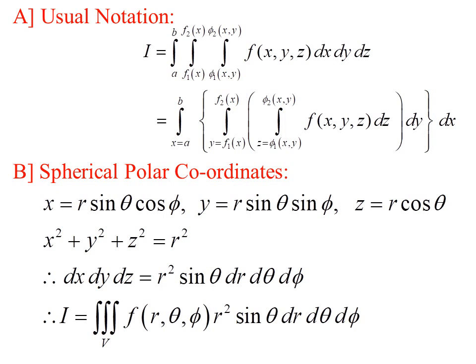Here I take one more prerequisite. If you could remember from partial differentiation, our x here is a function of three variables r, theta and phi. Similarly, y is a function of r, theta and phi, and z I can treat as a function of r, theta and phi.